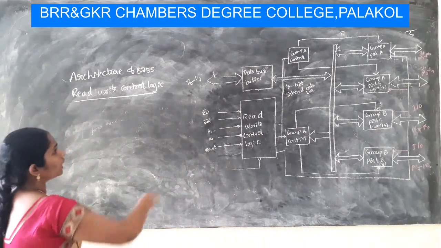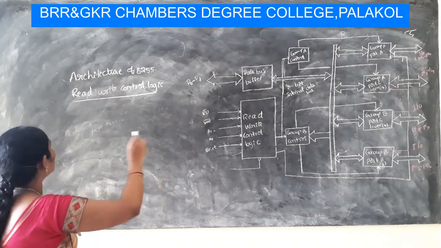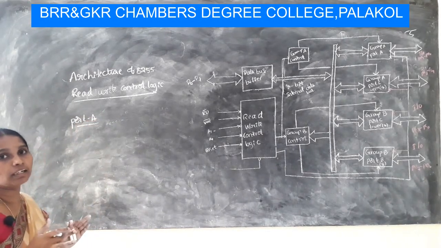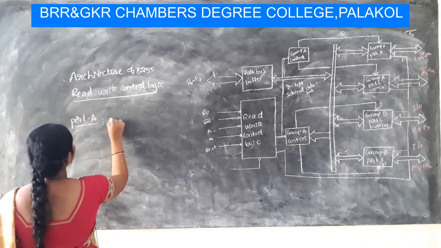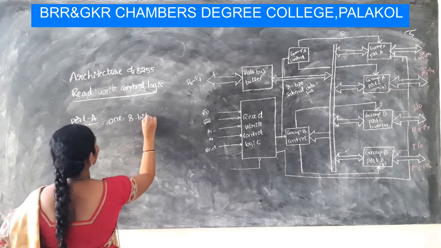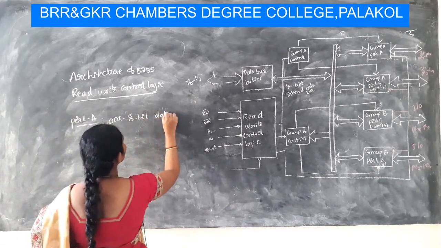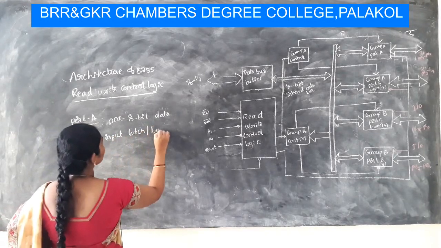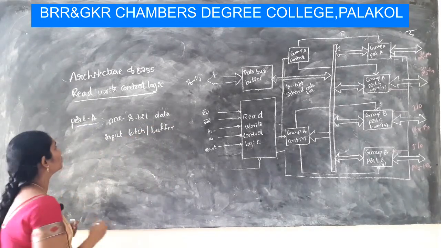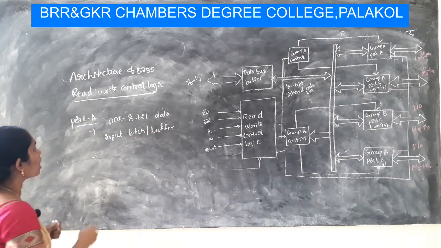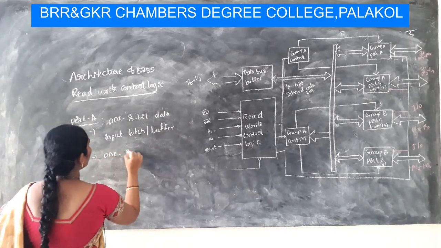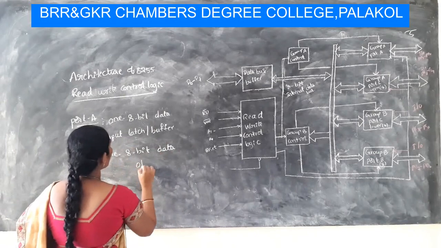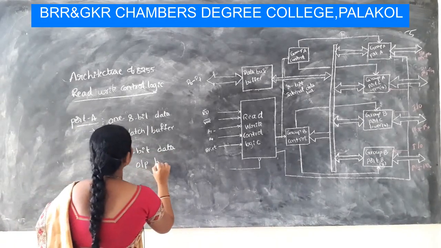Here there are three ports, port A, port B and port C. Port A has 8-bit lines, so it has one 8-bit data input latch and buffer, and also one 8-bit data output buffer.